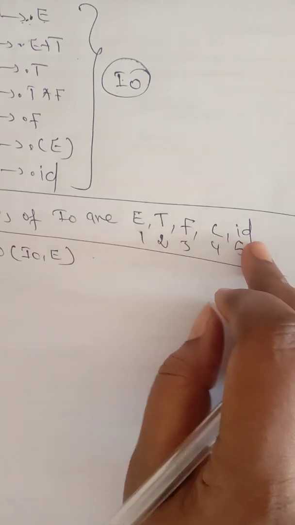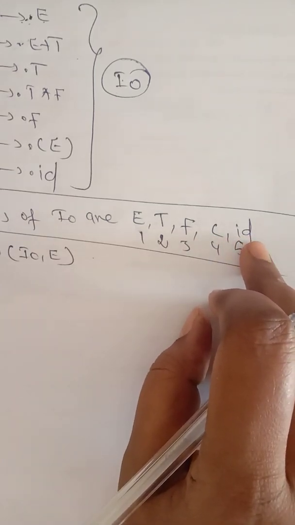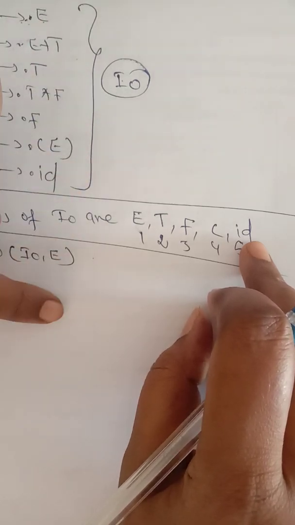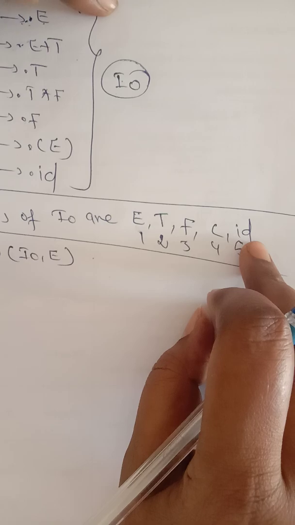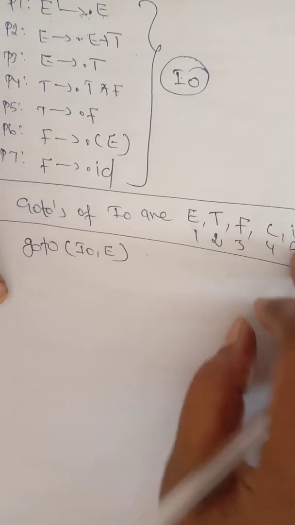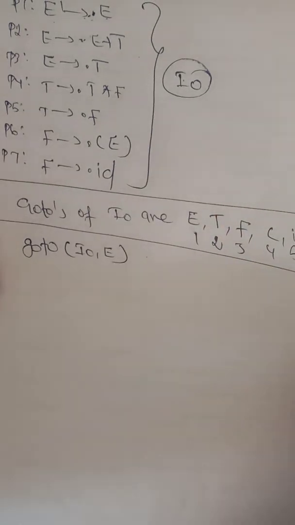Then we have to check whether the new go-to output is the same as an already existing set or not. If it is an already available set, no problem. Otherwise give a new name to that set value. I will explain that with an example.